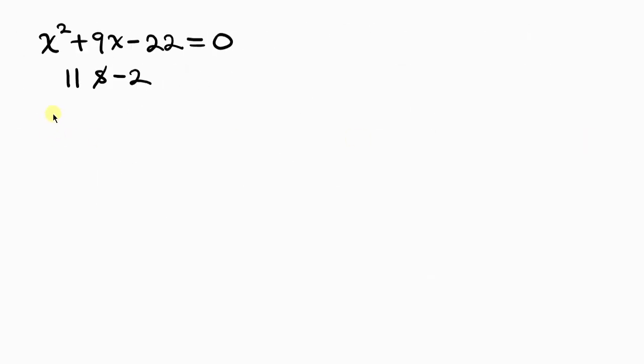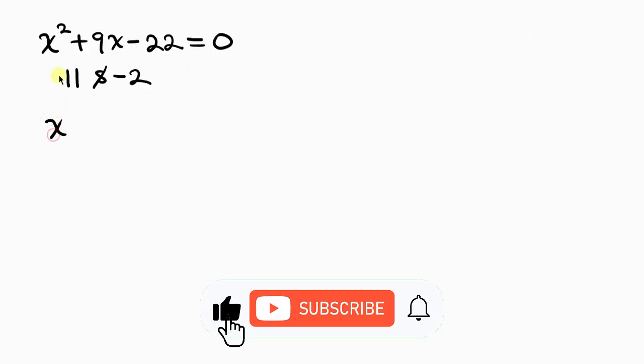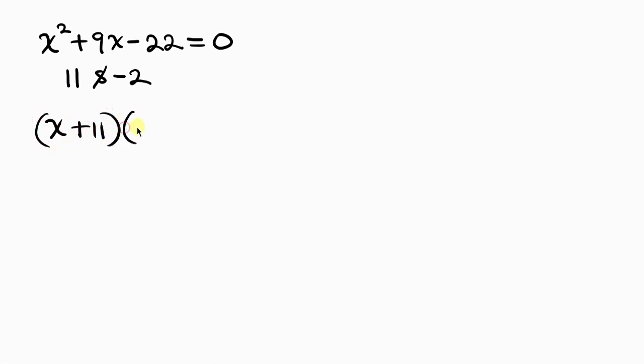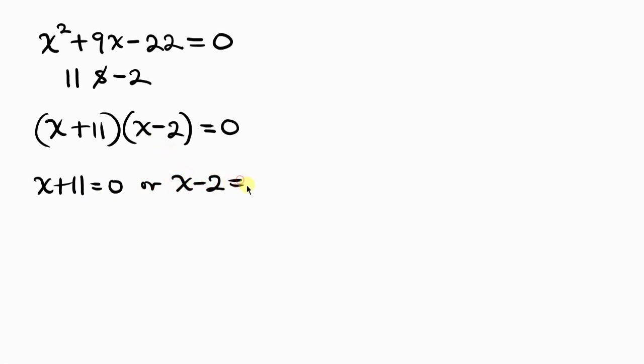So on factorizing, we have (x plus 11) times (x minus 2). That's it. And this is equal to 0. So two cases here. We have x plus 11 equal to 0, or x minus 2 equal to 0.